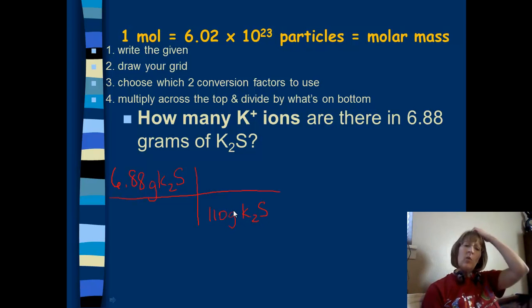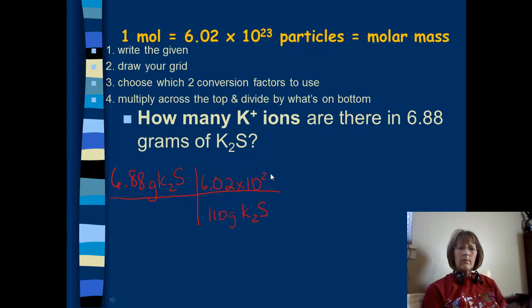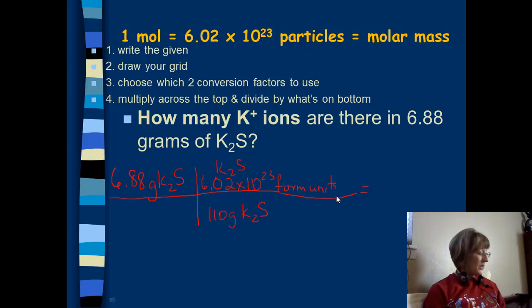And you know what? We know they're still asking for ions. We're going to use that Avogadro's number again. And it's going to be of K2S, formula units. Okay. Multiply across the top, divide by what's on the bottom.